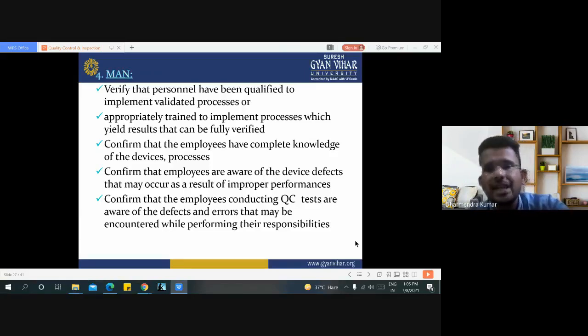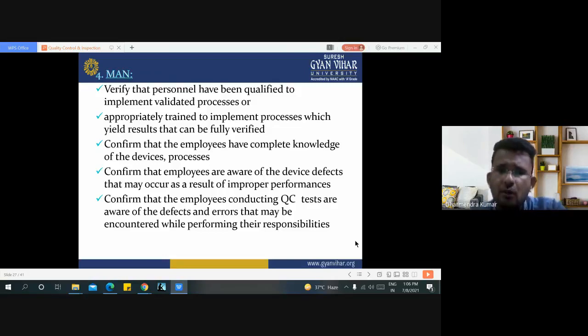It is confirmed that the employees conducting quality control tests are aware of defects and errors that may be encountered while performing their responsibilities. It is the responsibility of the quality control team who are employed in the quality control department.